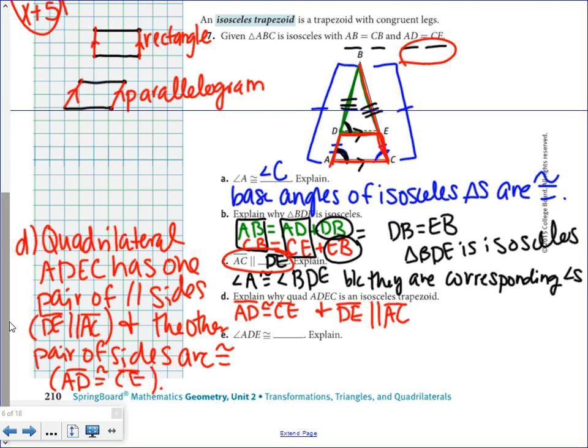And so that's how we know that it is isosceles and a trapezoid.